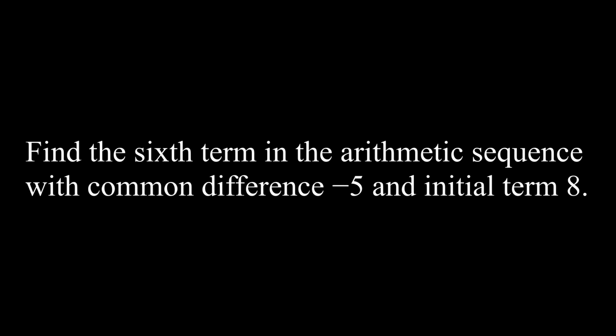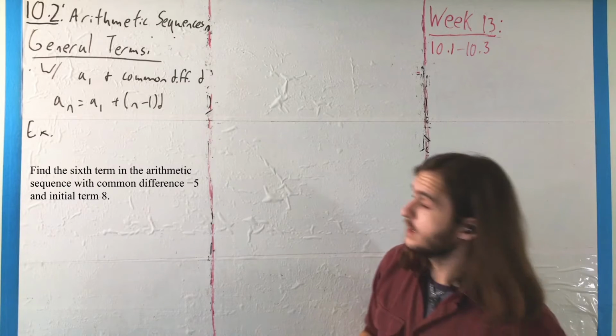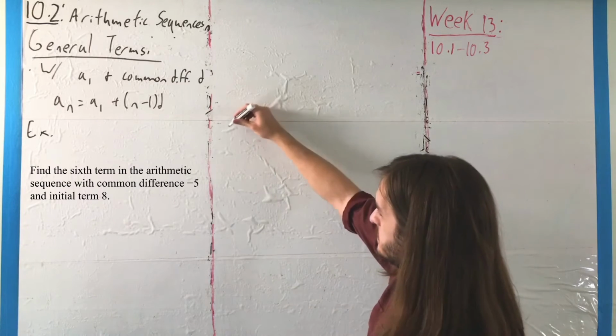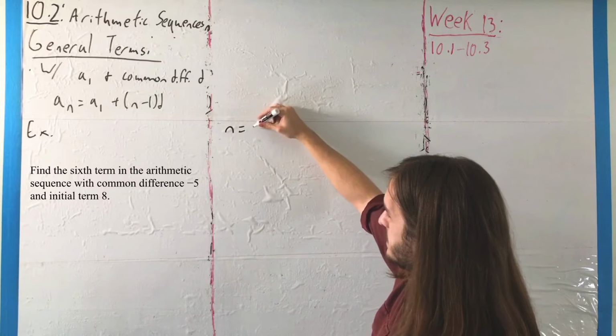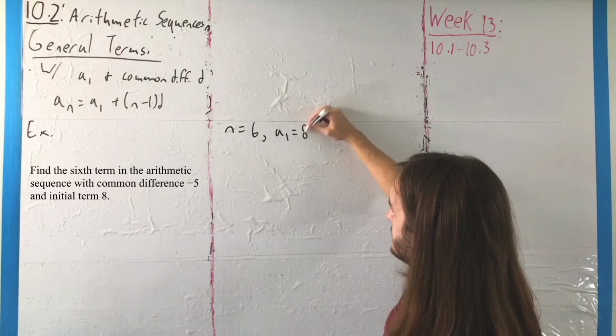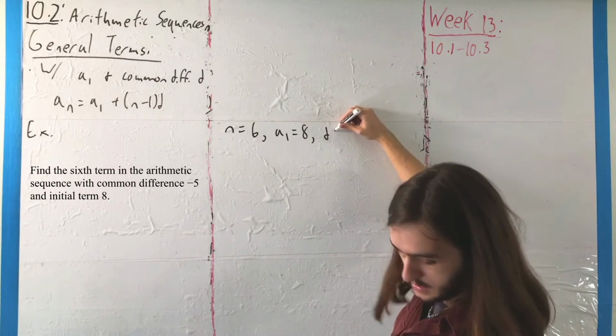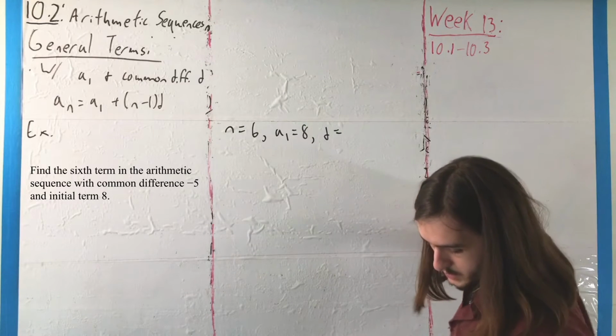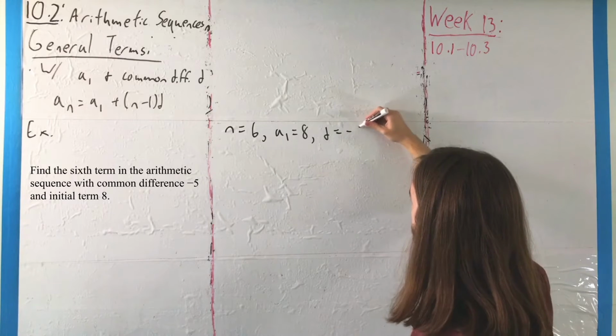So for our first example, we want to find the sixth term in the arithmetic sequence with common difference -5 and initial term 8. So we have, for this example, n is going to be equal to 6, a1 is equal to 8, and d here is equal to -5.